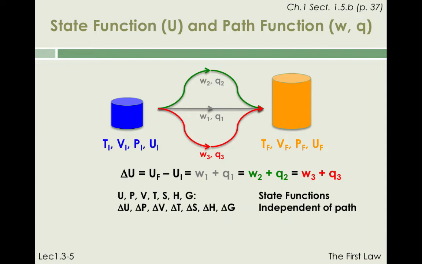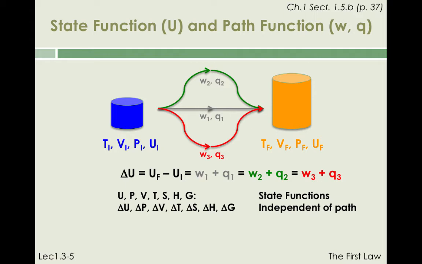We said that properties like energy, pressure, volume, temperature, entropy, S, and enthalpy, H, and Gibbs free energy, G, are state functions, since they are completely defined for any given equilibrium state of the system.